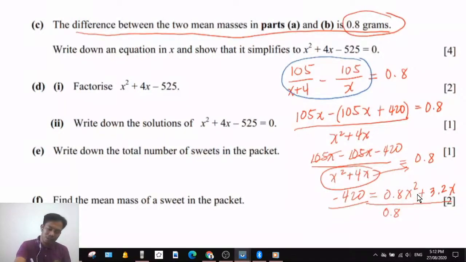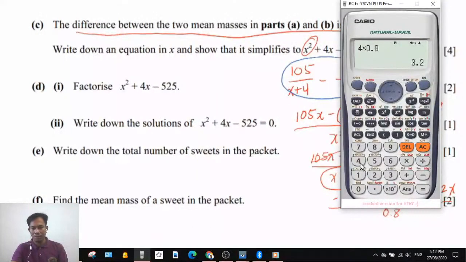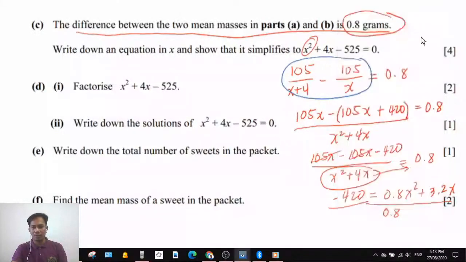Because if you notice here, there is no numerical coefficient of x squared, so I want to remove that. If I remove that, negative 420 divided by 0.8 will give me negative 525.